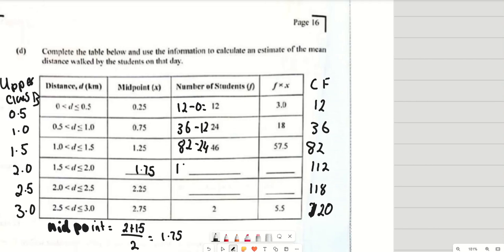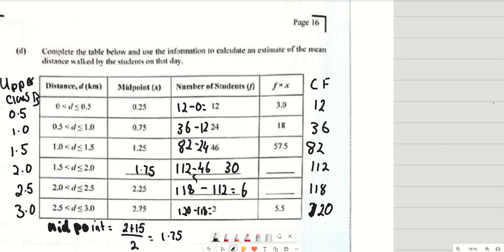Then 112 minus 82 is 30. So this region here is 30. Then 118 minus 112 is 6. And then 120 minus 118 is 2.